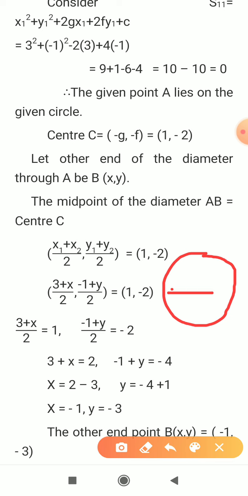This is the diameter. You know, diameter always passes through the center. Suppose this is the given point A, and this is the center C.